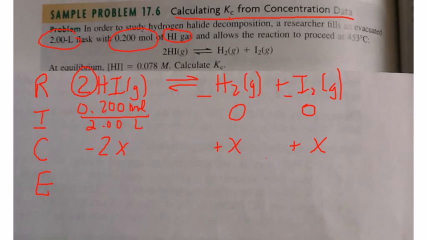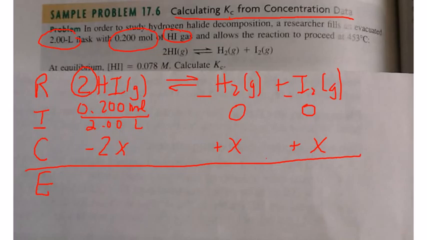And of course these are positive x's because starting out with 0 concentration, those concentrations are going to grow. And because of the 2 in front of the HI, its concentration is going to decrease twice as fast as the H2 and the I2 concentrations are increasing. So we take account for that with the minus 2x.